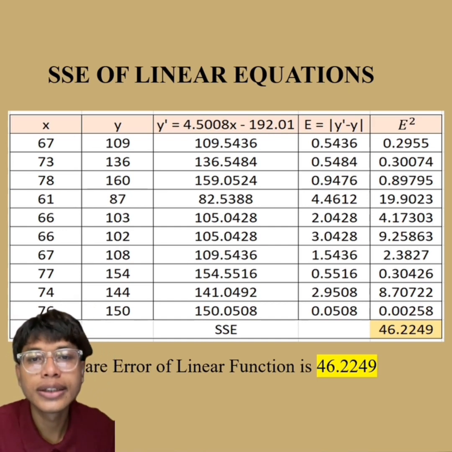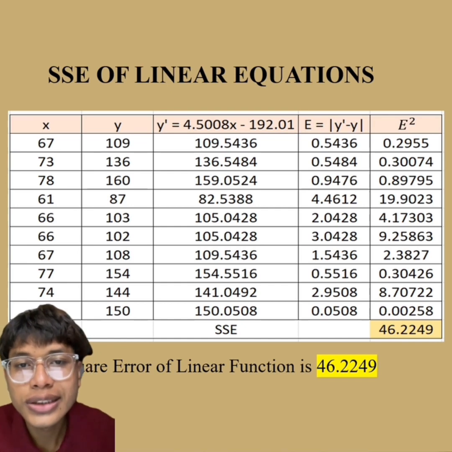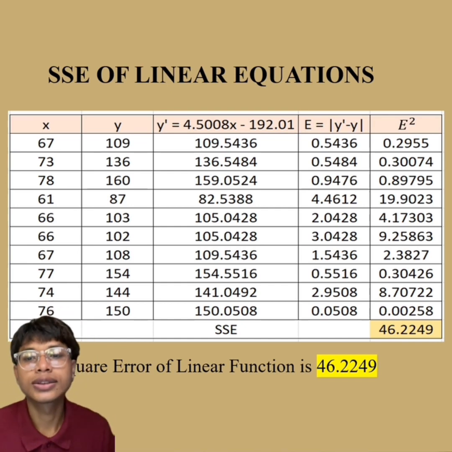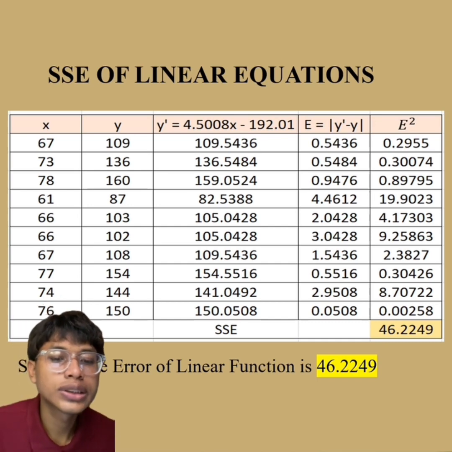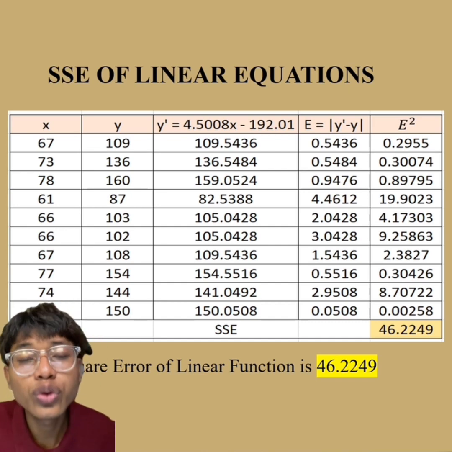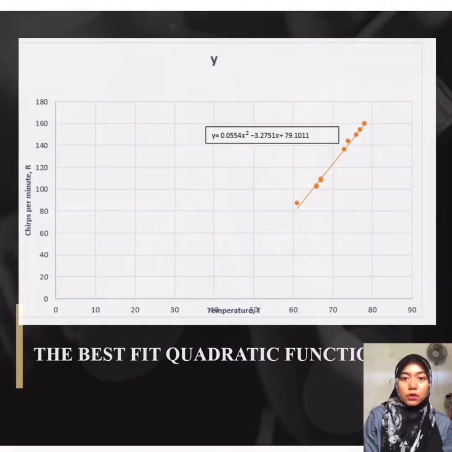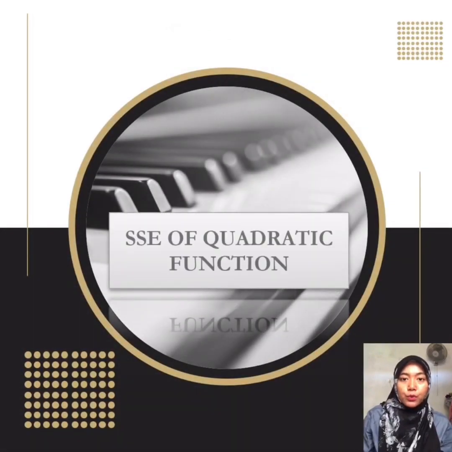After we get the answers, we square them. After all this, we get the sum square error of the linear function, which is 46.2249.